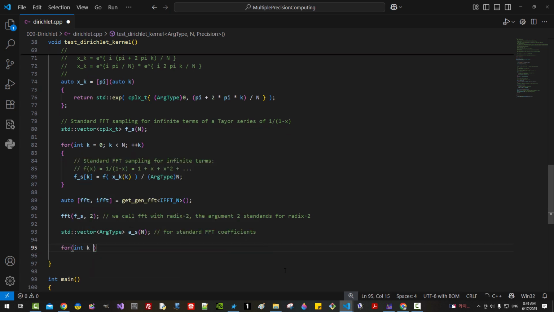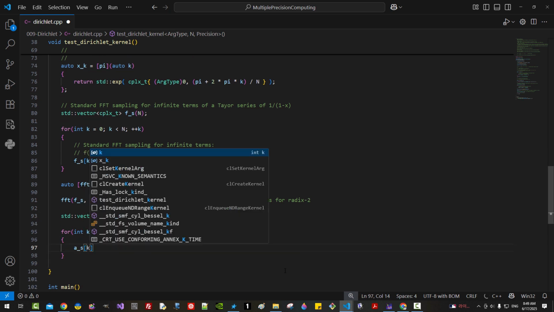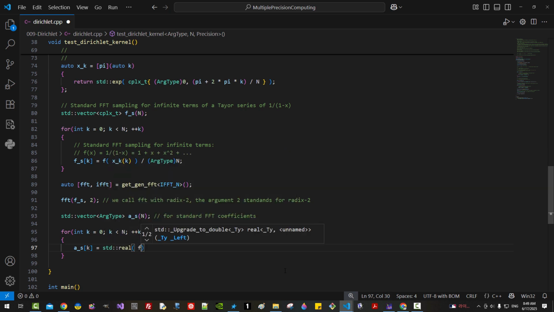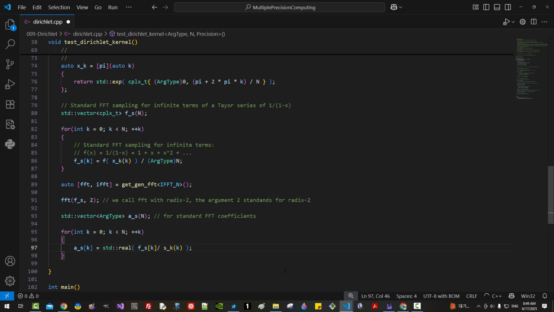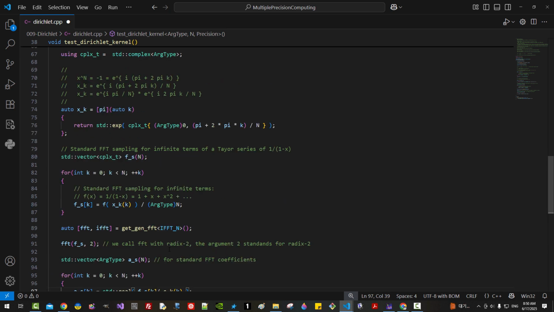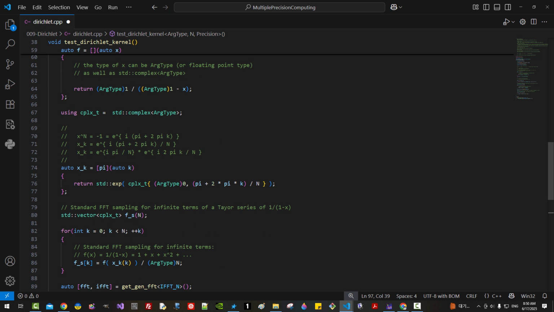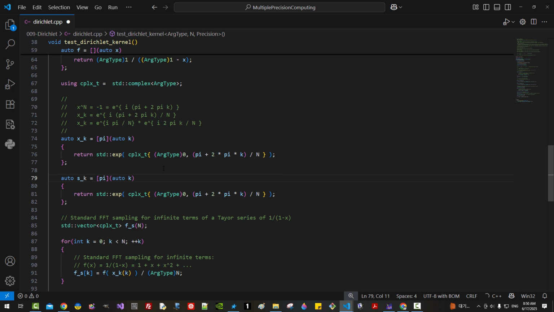For int k = 0; k < n; ++k, a_s[k] = std::real(fs[k]). We need to call sk[k]. This sk is not yet defined, so copy this and paste sk.